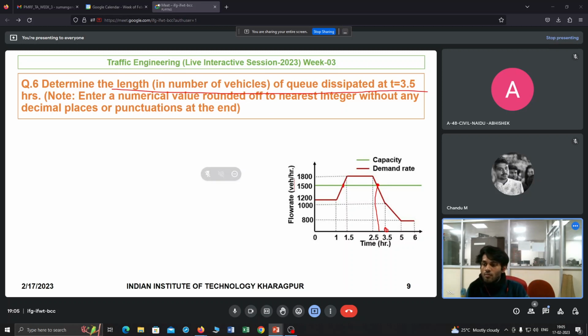Suppose at 2.5, we know that our demand is 1800. Now at 3.5, what is the demand?